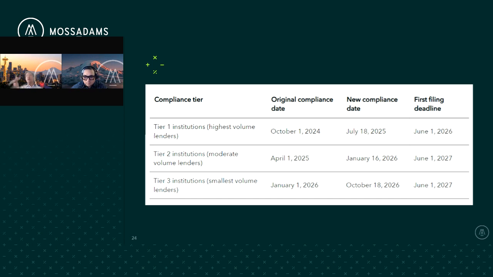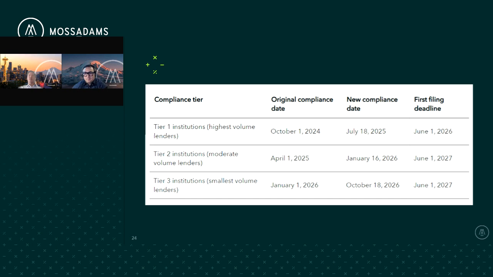Tier 3 is the 100 loan threshold, okay? The first filing deadline is most key here, and that's for anyone that's a Tier 1 institution. Your first filing deadline will be June 1st of 2026. Unless anything else changes, that is a go. You need to be preparing for that and getting ready for that.